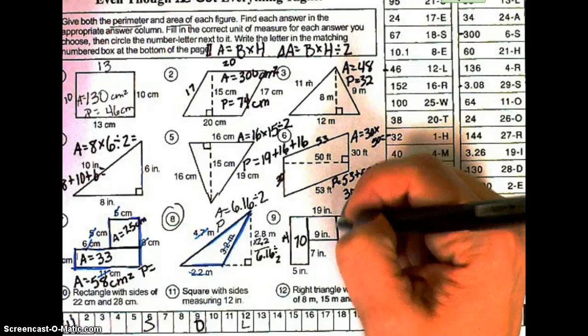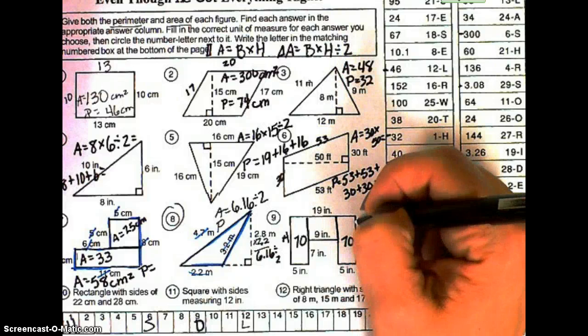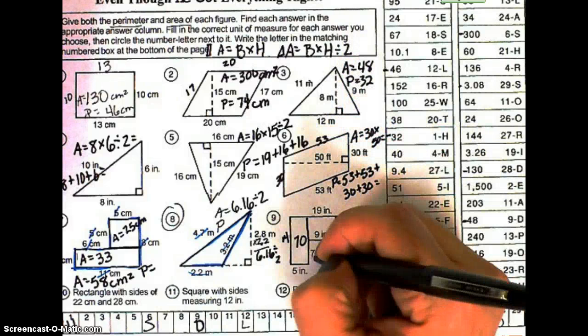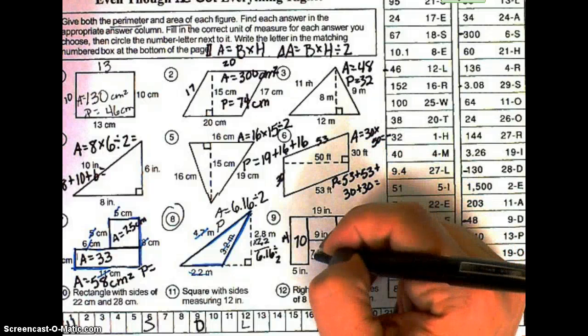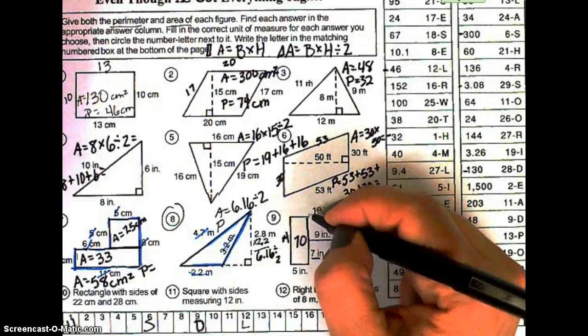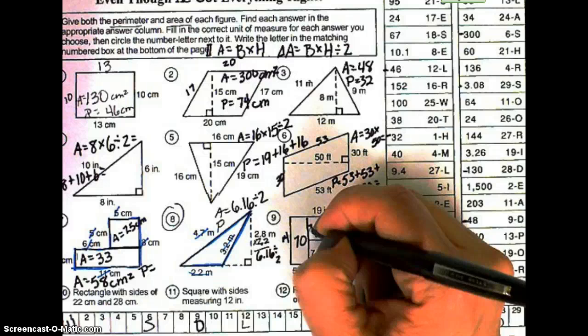The harder part right here is how high it is. We don't know this right here. We know the total is 14. But we've got a clue right here with this one. If this is 14 and this is 7, 7 plus this little piece equals a total of 14. 7 plus 7 would equal 14.